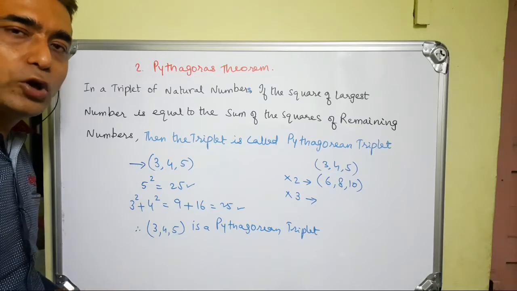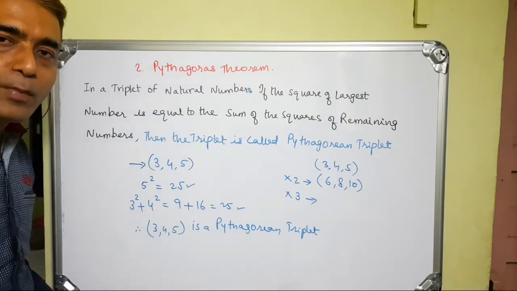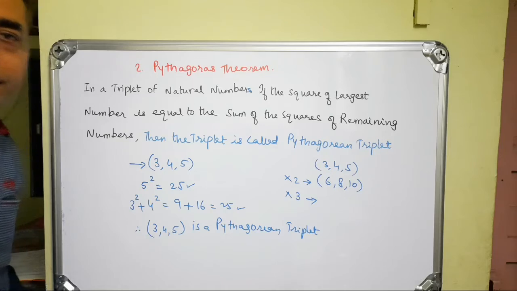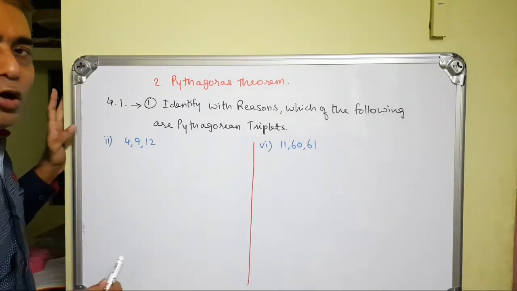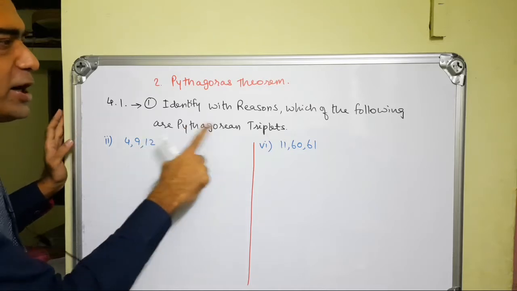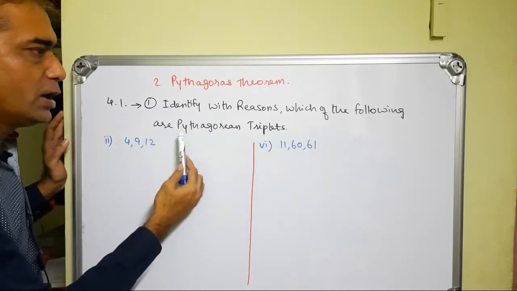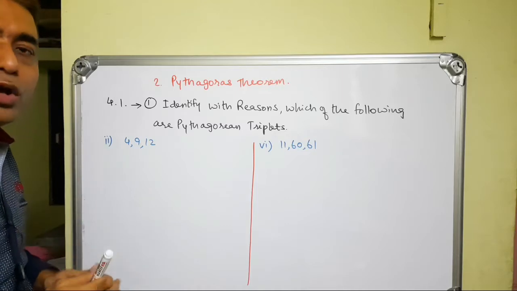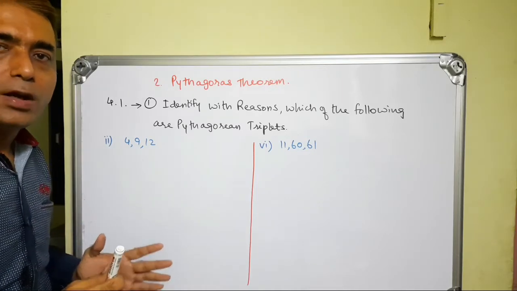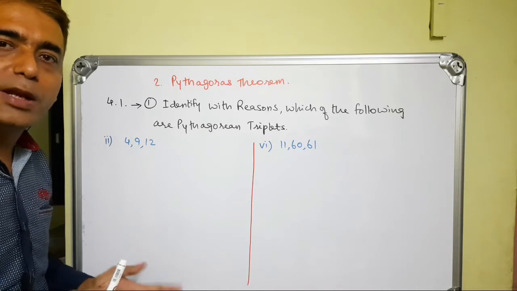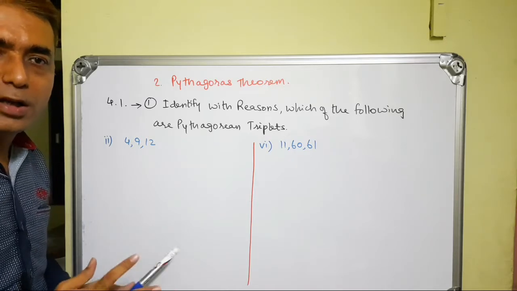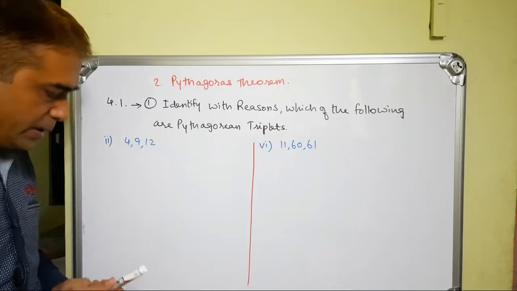Now we'll solve the first example of practice set 2.1. Question number 1 is: identify with reasons which of the following are Pythagorean triplets. So we know if the square of the largest number is equal to the sum of squares of remaining two numbers, then the given set of numbers is a Pythagorean triplet.